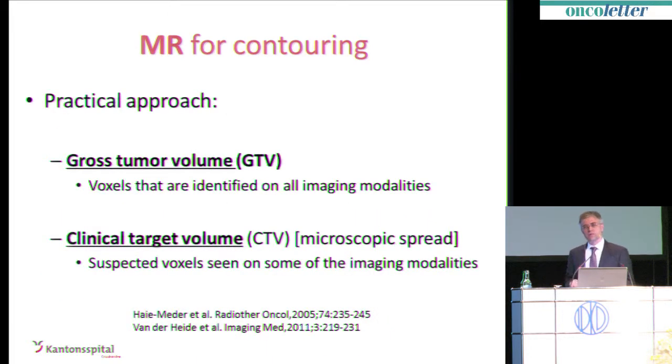And probably there is a practical approach. We could say all voxels that are identified in all imaging modalities we use, we would say that's the gross tumor volume, and the voxels we see on some of the multiparametric MRI modalities we would call the CTV, just to make sure we include everything. But this concept has to be proven further.